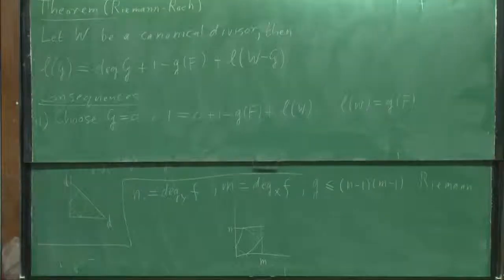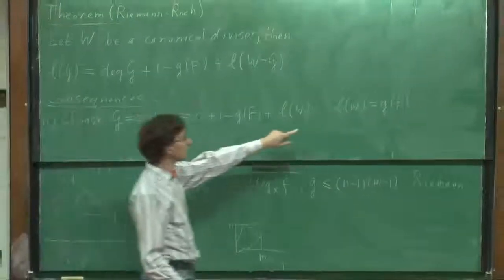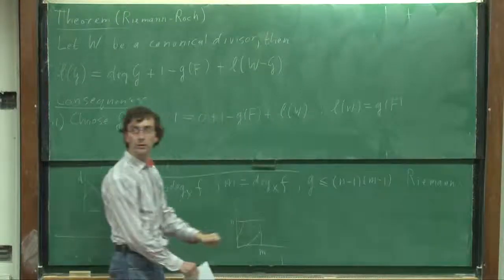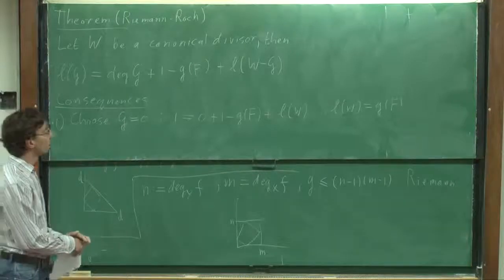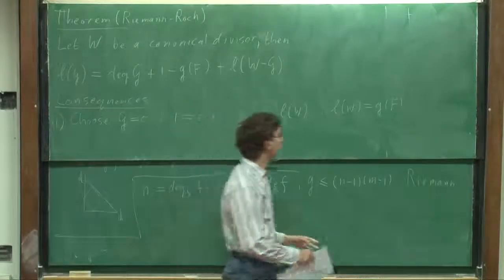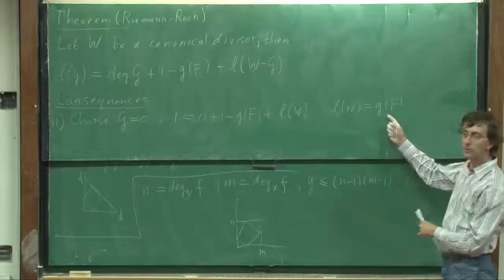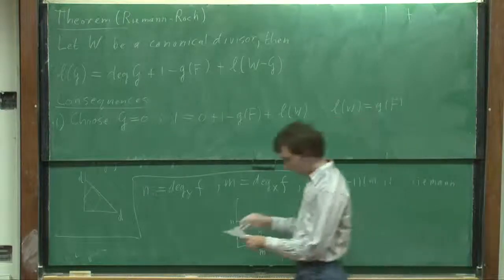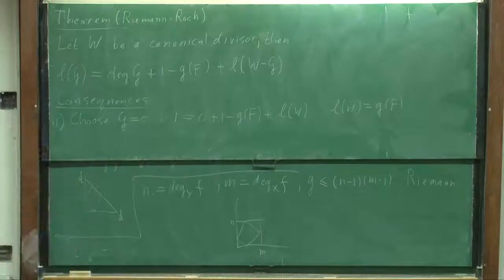Now I have avoided looking at spaces of differentials for now, but what this really means is that if you look at all differentials not having any poles, this will form a vector space of dimension G. That is what this will boil down to. So this is maybe a more familiar definition of the genus, the dimension of regular differential forms.